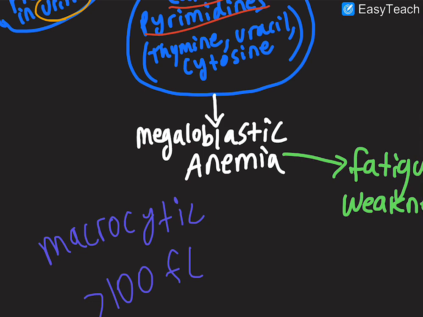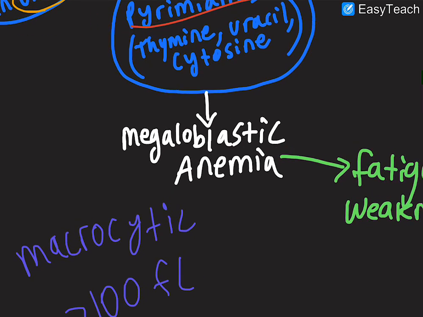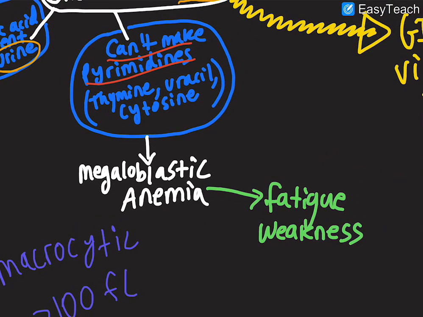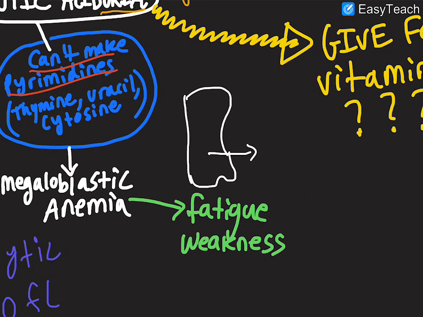Megaloblastic anemia means in your bone marrow, you have immature precursor red blood cells. So if we drew a little bone right here, that's a horrible bone drawing, but in here you have your immature precursor red blood cells, and they are going to be way bigger than usual.